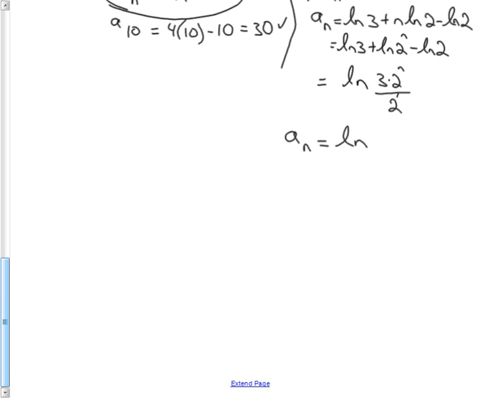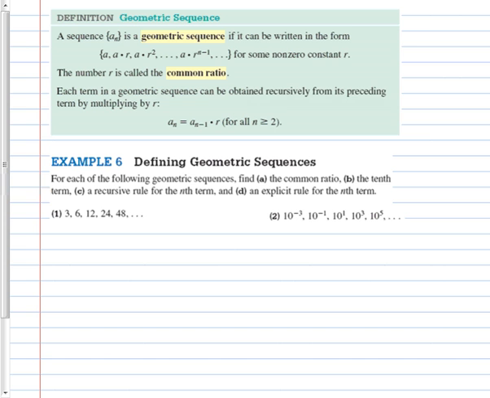Natural log, when I divide, it means I subtract the exponents. N minus 1. 3 times 2 to the n minus 1. That's the answer to that one. So that made us use the properties of logarithms to get that answer. So that's an arithmetic set of problems.